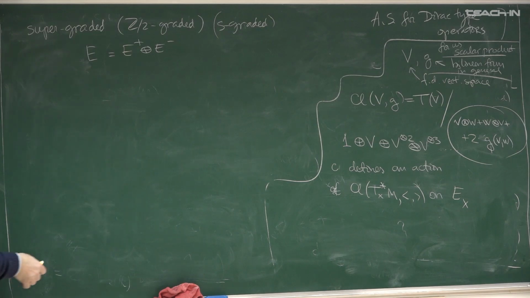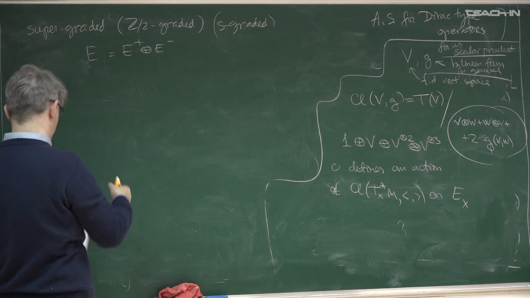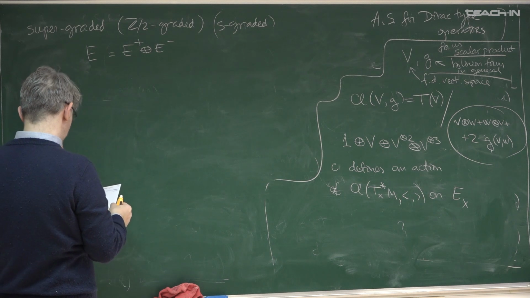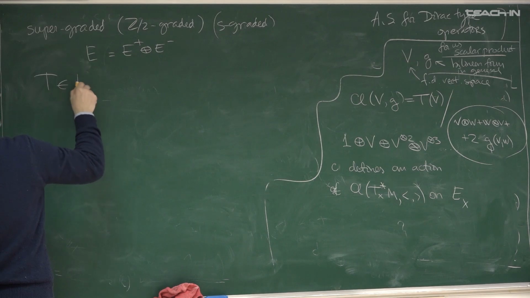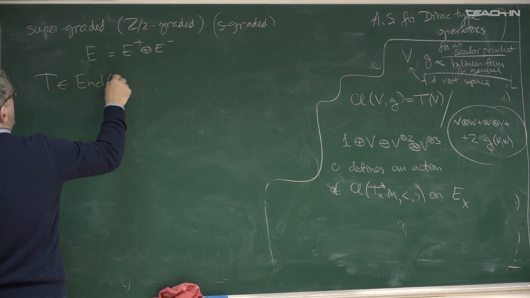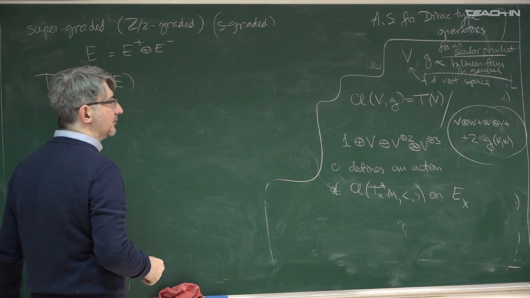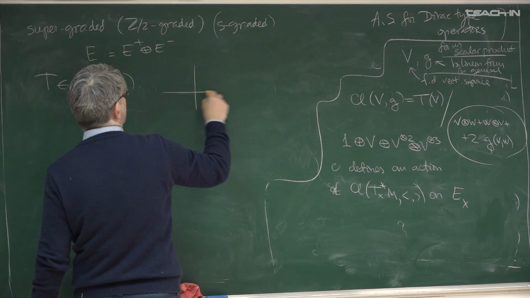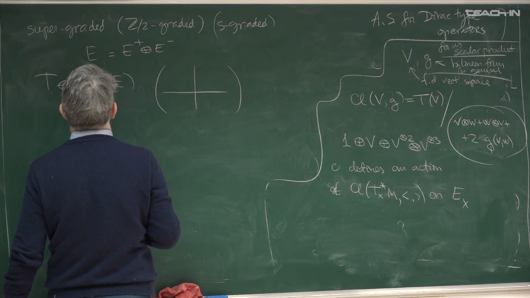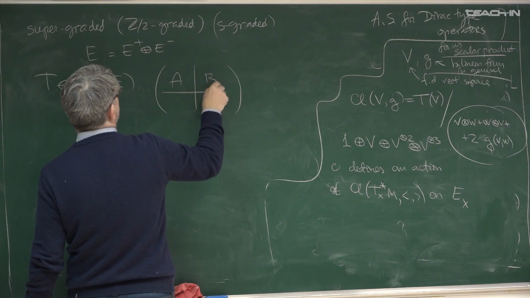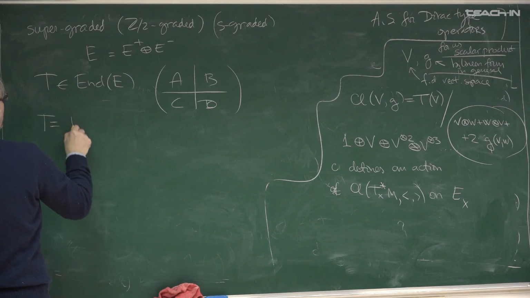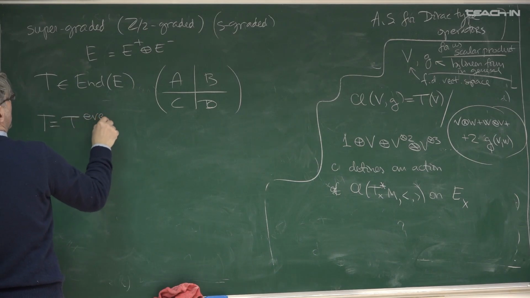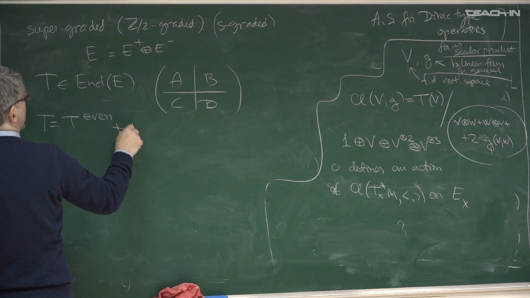Why do we speak about the two-graded case? Because then we have some automorphism. Then an operator T can be represented as a matrix of such form A, B, C, D, and T can be decomposed into a sum of two linear operators.